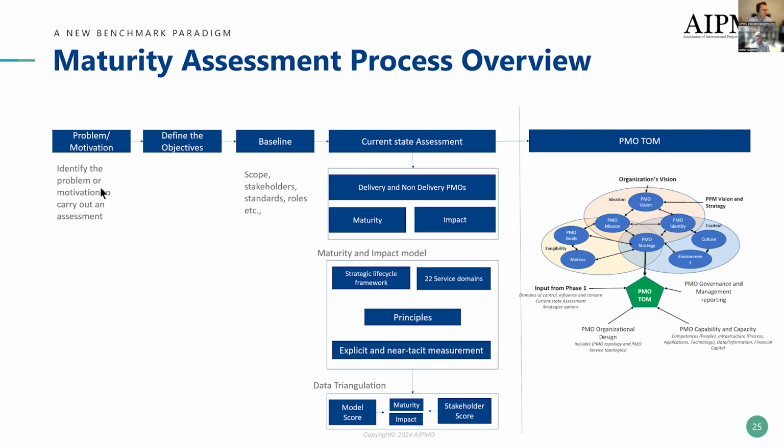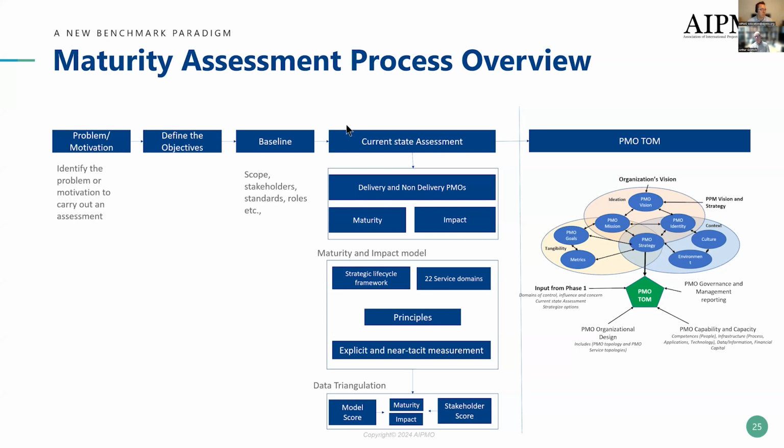So the maturity assessment process: you look at the problem motivation, you define the objectives, you go to the baseline. We talked about the steps before, then the current state assessment. This is absolutely key. So in the course and on the projects, if it's just for one PMO, the current state assessment would take a week, for example, or could take longer if it's a big PMO, talking not only to the people that are delivering the services, but we also do a data triangulation where we look at what people perceive versus the reality.